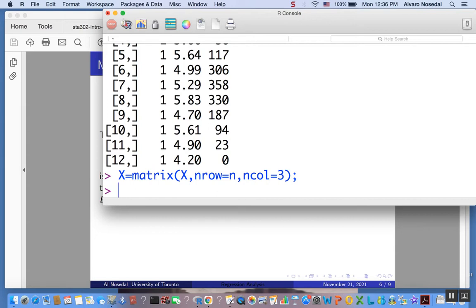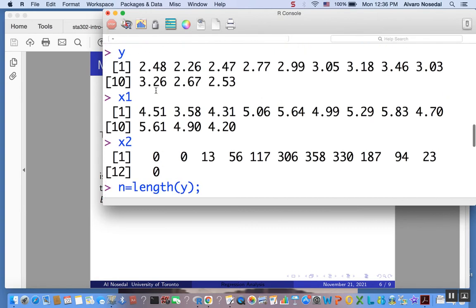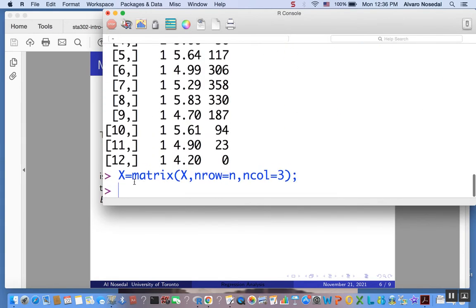Okay, now same thing for y. We already have these values here, right, but I want to make sure that R knows that y is a matrix. So in this case, number of rows, again, n, that's the number of observations, but the number of columns is just 1.